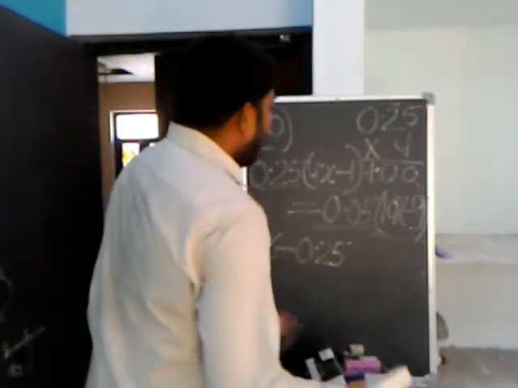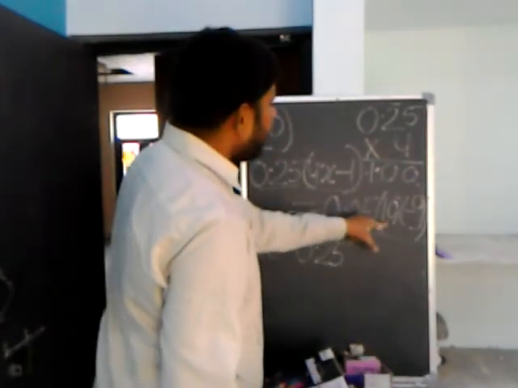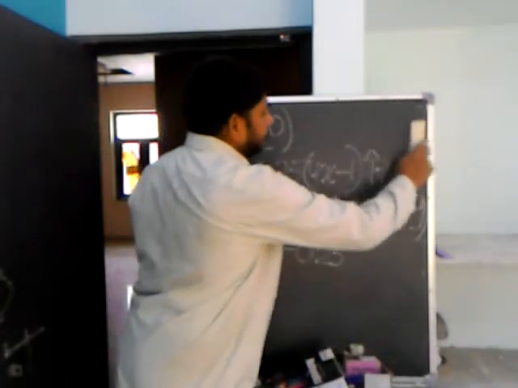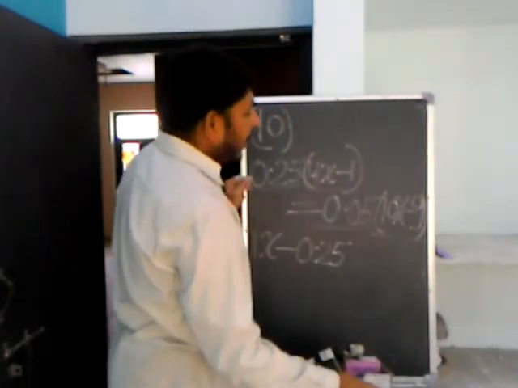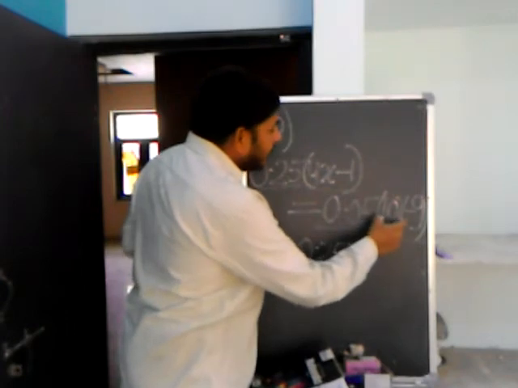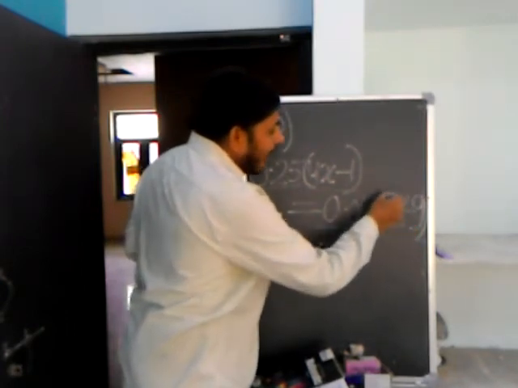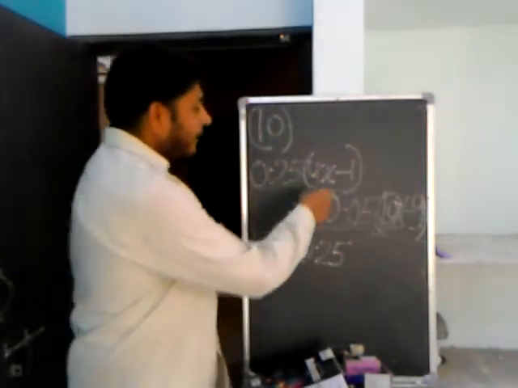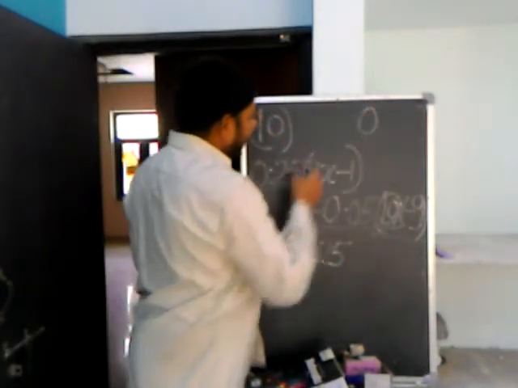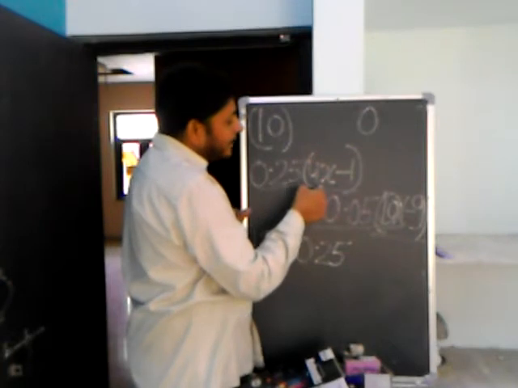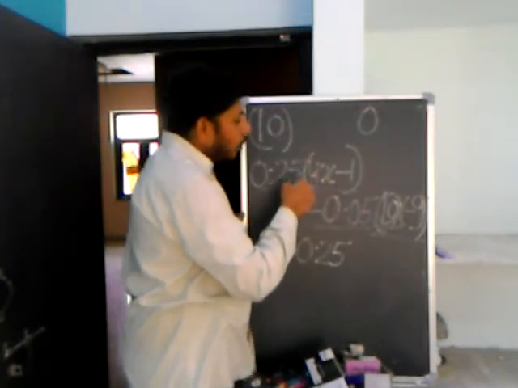Now I shall multiply this 0.05 by 10x. I will multiply only the numerical part of this term, 10, just like I did with 4x, where I multiplied only 4.